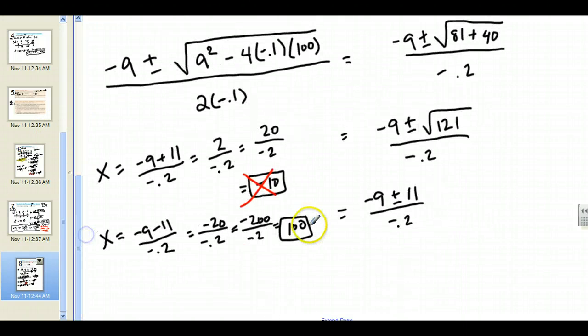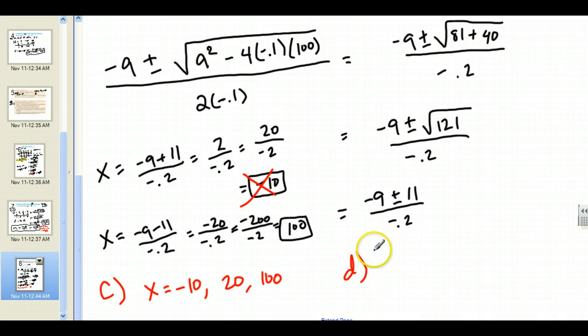So technically this is C. Answer C would be x equals negative 10, 20, and 100. And then D, the production levels that make it break even, are 20,000 units and 100,000 units, because again the third zero doesn't make any sense.